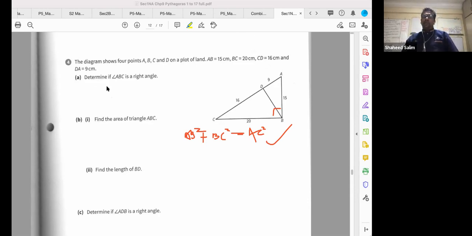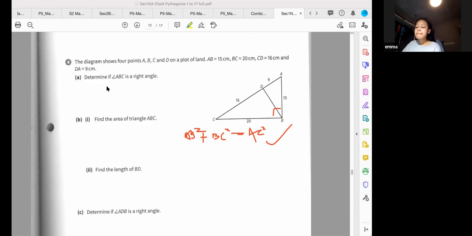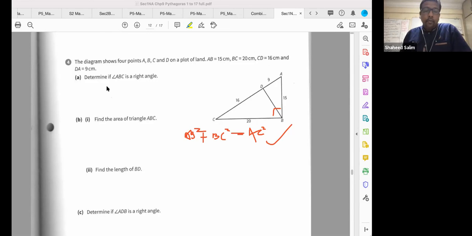Okay, the area of ABC. 50. Well done. The last one, find length BD.